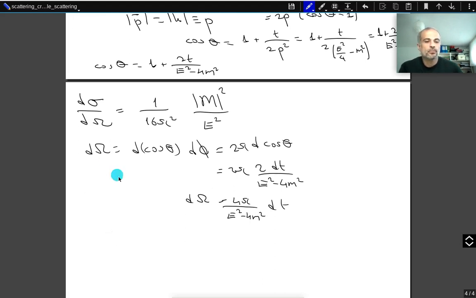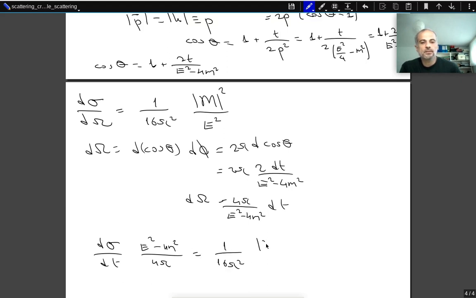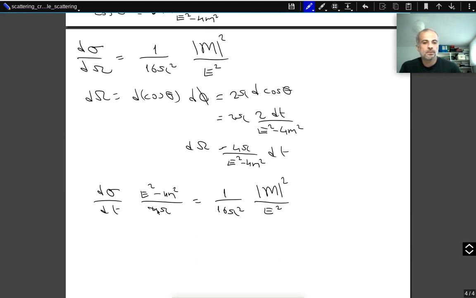So if you put this d omega into this expression over here, we will get d sigma over dt times E squared minus 4M squared over 4 pi. This is equal to 1 over 16 pi squared M squared over E squared, or this 4 pi cancels the 4 pi over here, and d sigma over dt is equal to 1 over 4 pi, M squared over E squared.